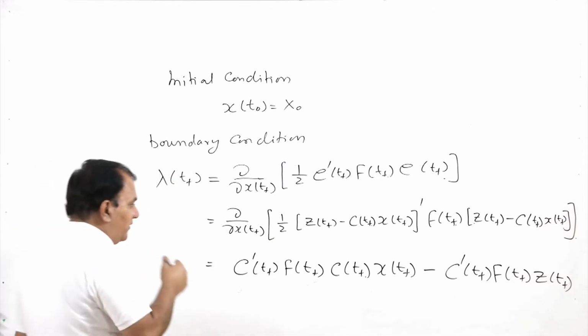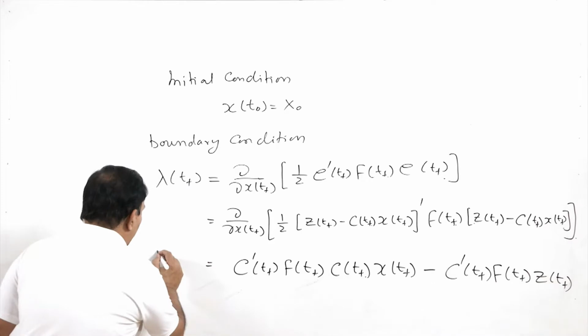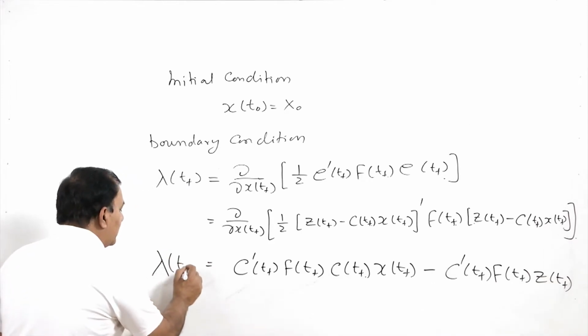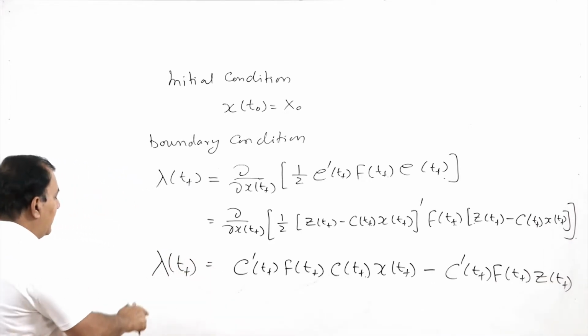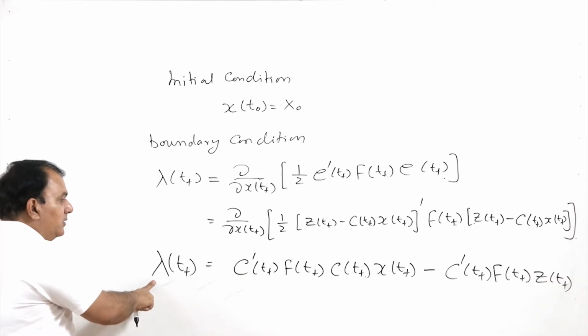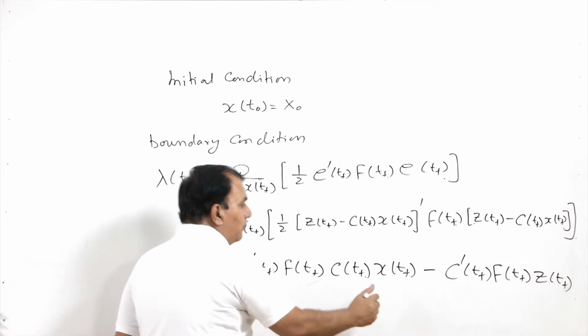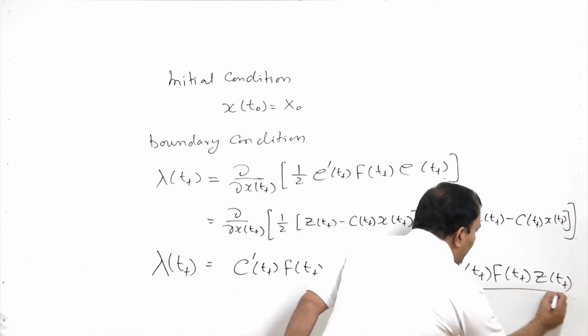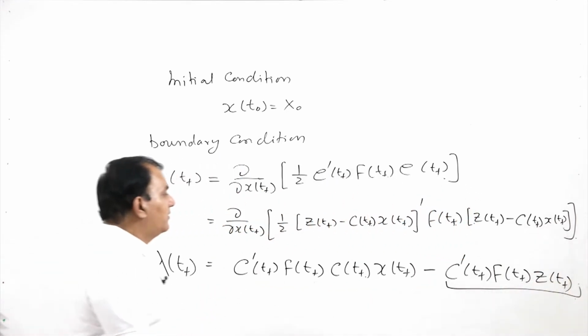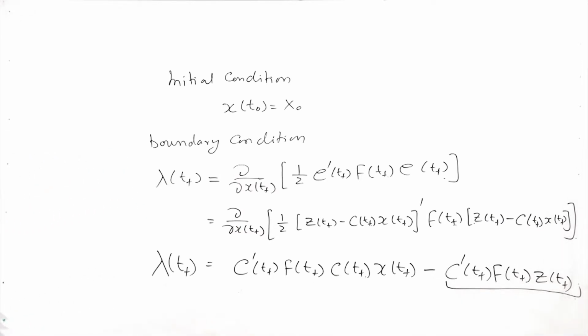So, now if you see, this is giving me nothing but the relation between the co-state vector, which is the lambda, and x, but the additional term appearing here is C prime F of z.